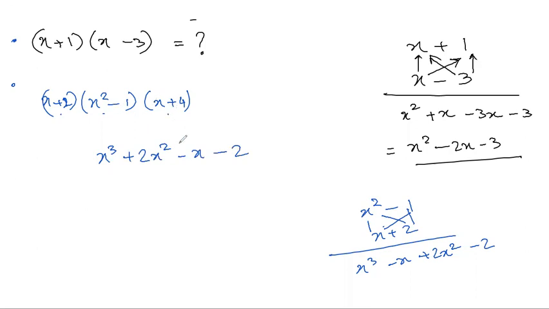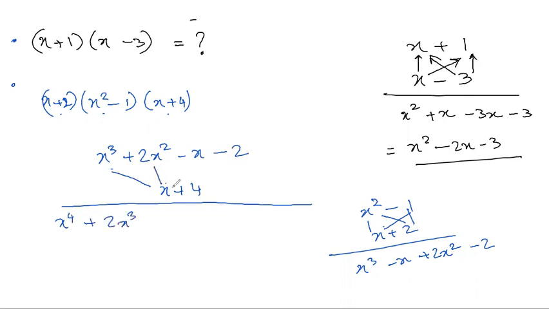Now you still have an (x plus 4) to multiply, so x with x cubed, x with 2x squared, x with minus x, x with minus 2. Next, 4 with x cubed, 4 with 2x squared, 4 with minus x, and 4 with negative 2.